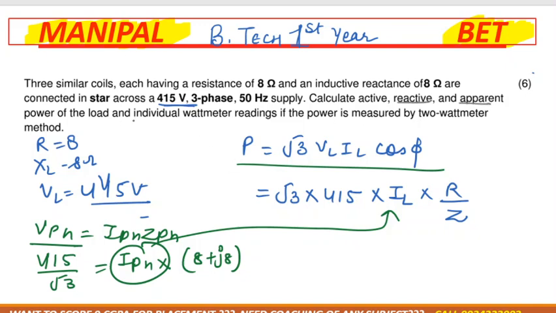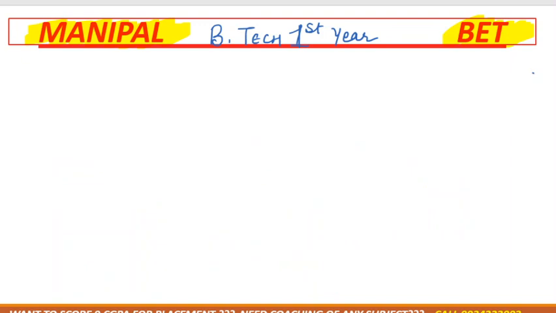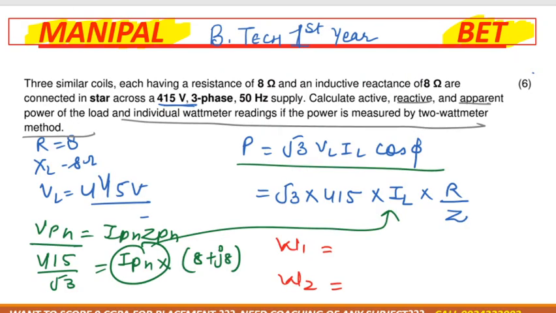Now see the next part. They said, find the individual wattmeter readings if the power is measured by the two wattmeter method. Means we need to calculate W1 and W2, right? Remember the formula for wattmeter readings: phi is equal to tan inverse of root 3 times W1 minus W2 divided by W1 plus W2, correct?